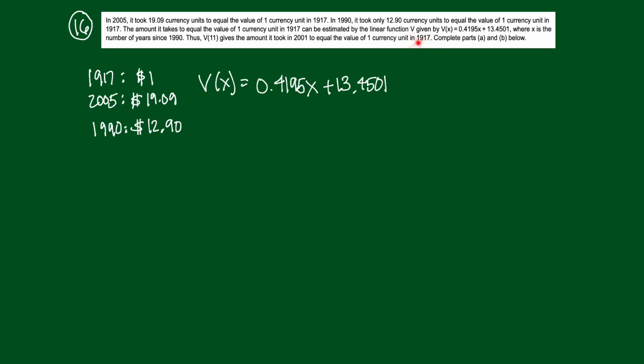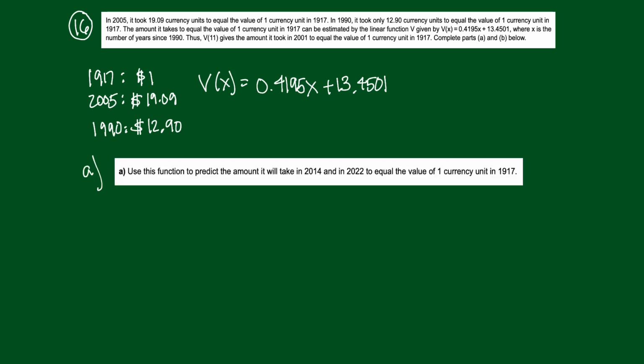All right, so complete parts A and B below. Here is A. A says, use this function to predict the amount it will take in 2014 and 2022 to equal the value of, say, $1 back in 1917. Well, what is X?